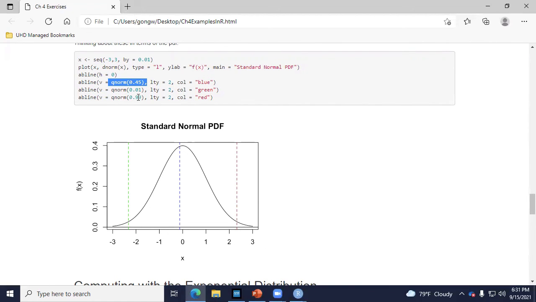And for 0.99 and this red line, the probability of the area to the left of this red line is 0.99, and you see a majority of the values are to the left of this red line.